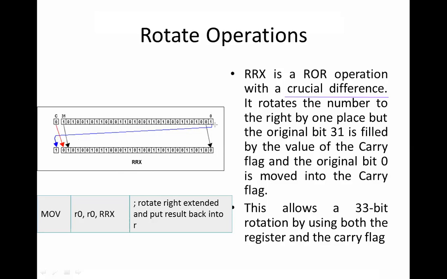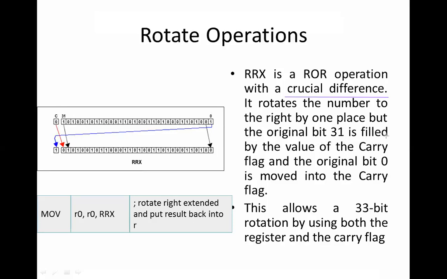The last bit, the LSB, will go and sit in the carry flag. It will update the carry flag, and this is considered like an extension. So instead of having just 32 bits, I have one more bit added, and this is how the values are updated.